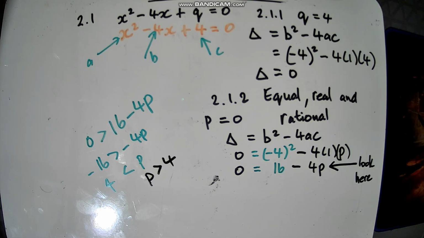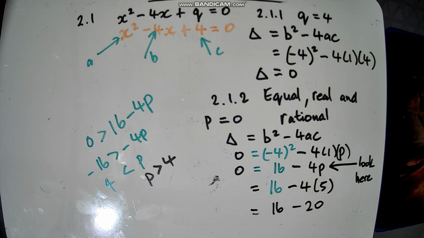Right? Let's prove it. If p is more than 4, let's substitute 5. If we substitute 5, 4 times 5 is 20. 16 minus 20 will give us a negative answer. We're going to be left with a negative 4. So this means under the square root sign, we are now going to have a negative. And if we have a negative, it's non-real.